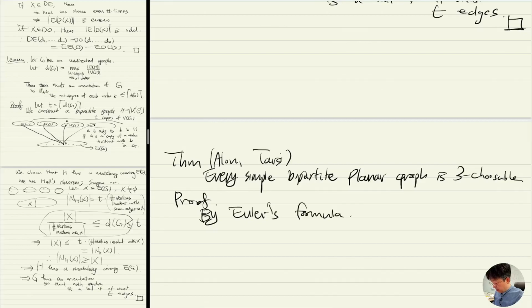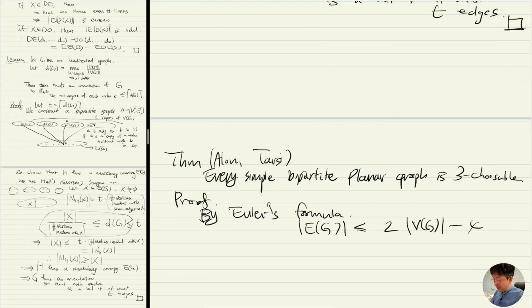By Euler's formula, the number of edges in a bipartite planar graph is at most 2n minus 4 if it has at least 3 vertices.